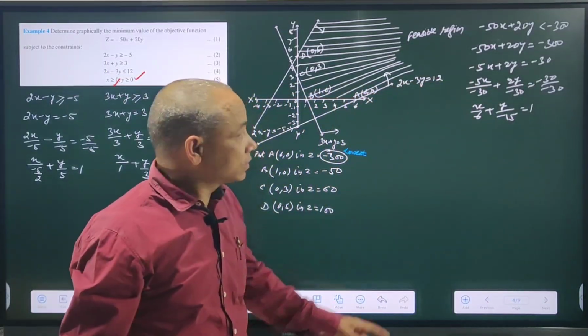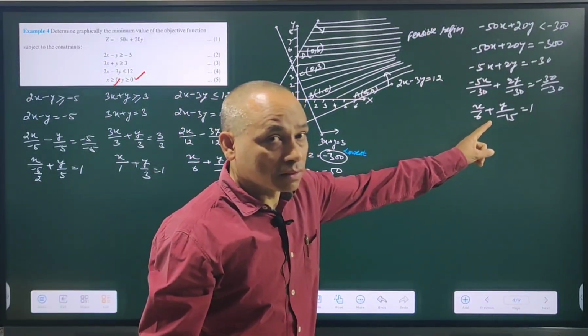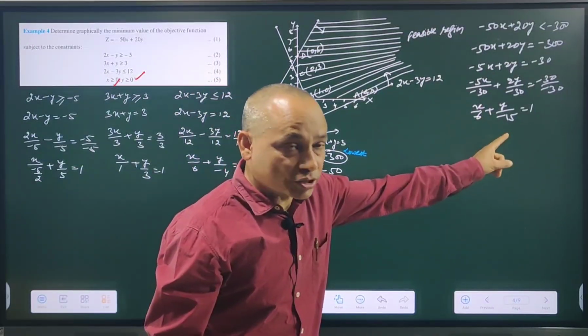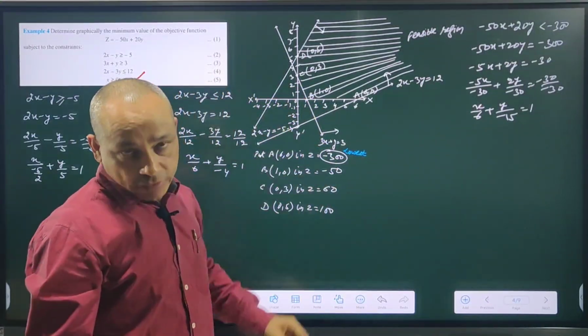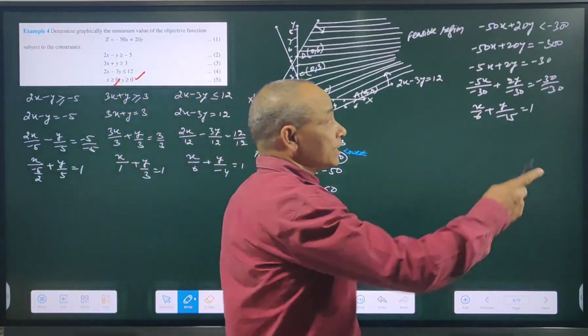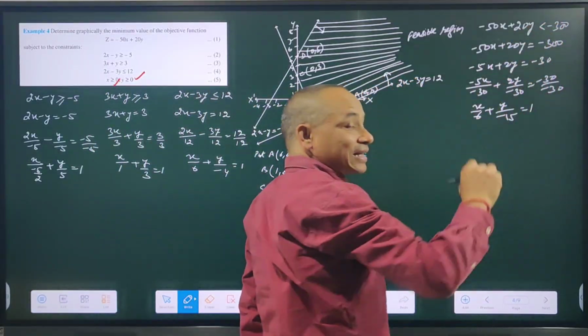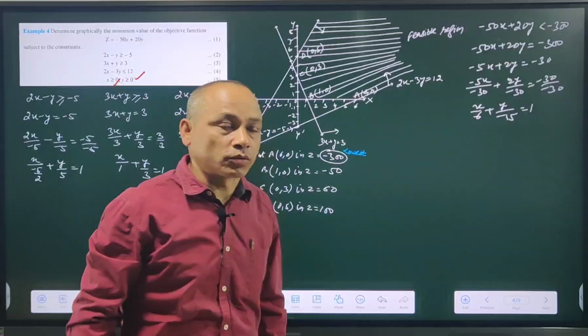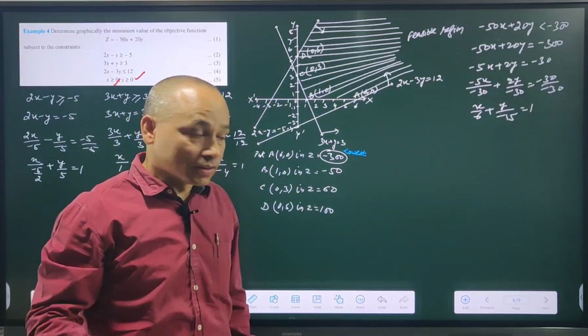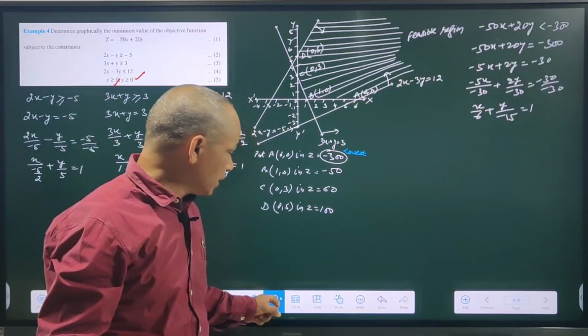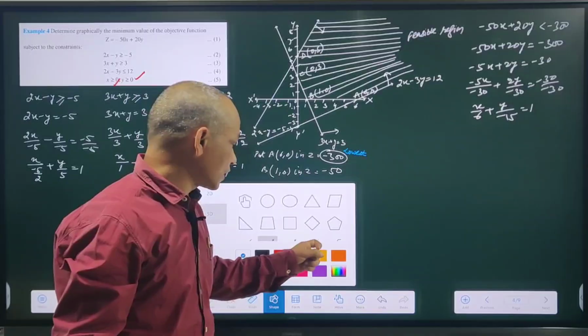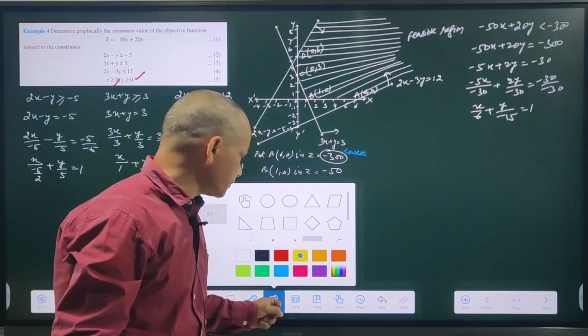Now we will plot this equation on the same graph sheet, but as it has only less than and not equal to, the graph will be a dotted line.